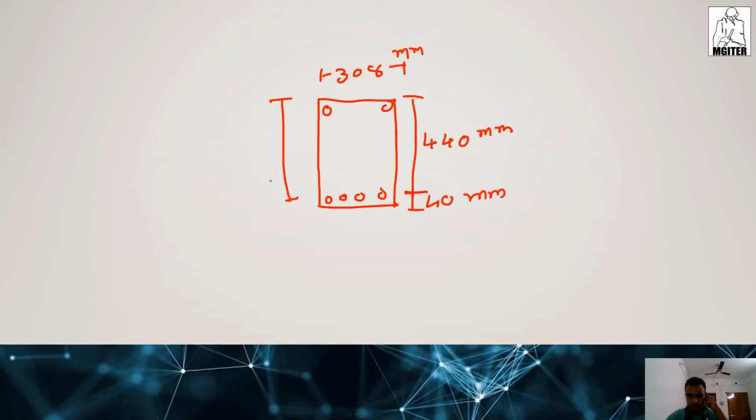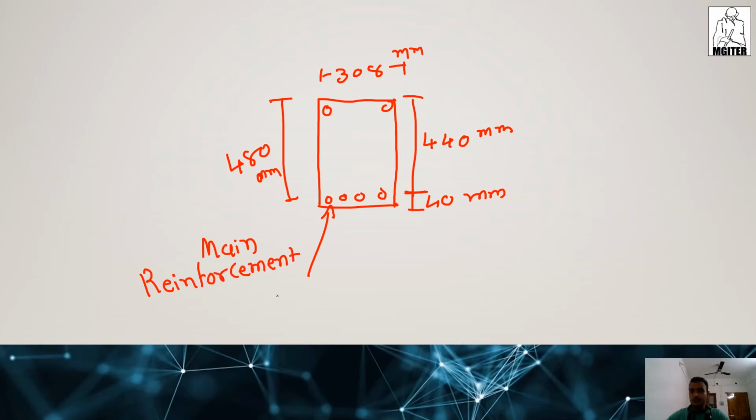So overall depth is 480 mm. Here is the main reinforcement. Main reinforcement is 4 numbers of bar of 20 mm diameter.